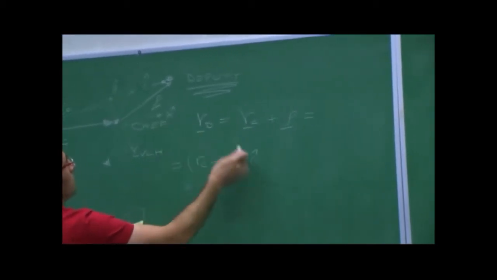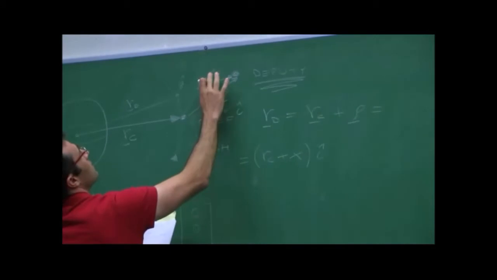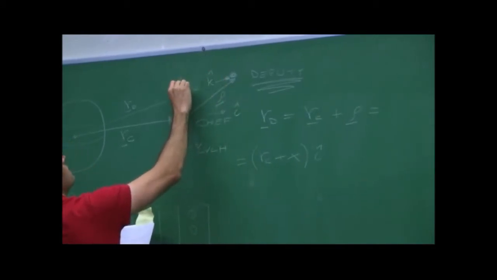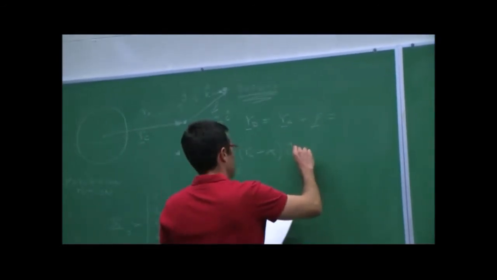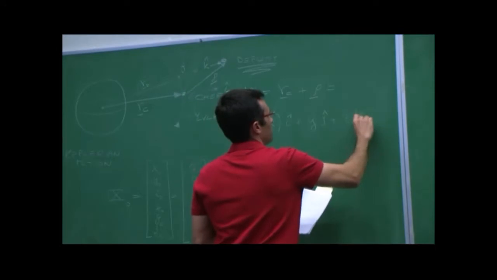I just don't want to use X because I'm using it here. So if you want, remember this is the X direction, this is the Z direction, unit vector is K, and this is the J. We only really have that coordinate system that we're using right now. So there's no room for confusion, hopefully. Plus Y J, and Z K.